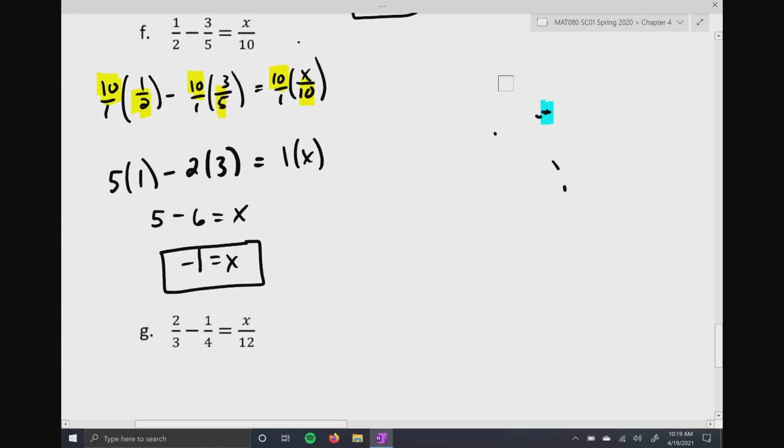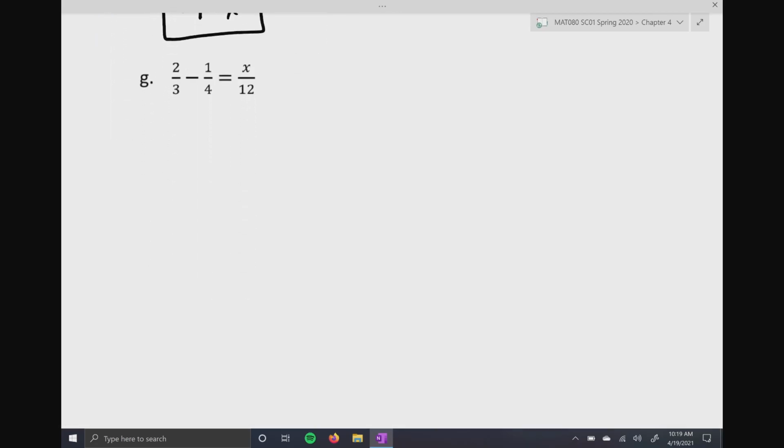All right, next one. Actually, I think it's the last one. 2/3 minus 1/4 equals x over 12. Look at your denominators, 3, 4, and 12. I'm going to multiply everything by what number? I think Leah said it.